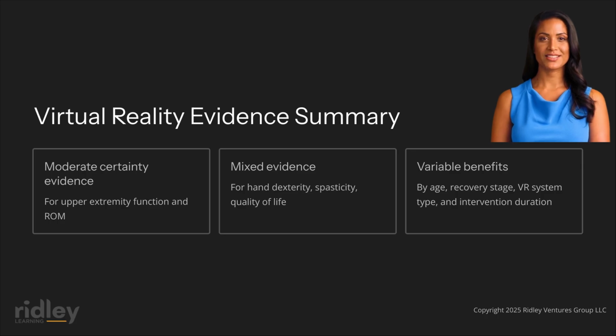Notably, some evidence indicates that virtual reality benefits may not be maintained after intervention cessation, highlighting the importance of strategies to promote carryover and long-term retention of motor gains. For hand dexterity outcomes, spasticity management, and quality of life measures, the evidence remains more mixed, with significant subgroup differences suggesting that virtual reality effects on these outcomes may be modality-specific or population-dependent.